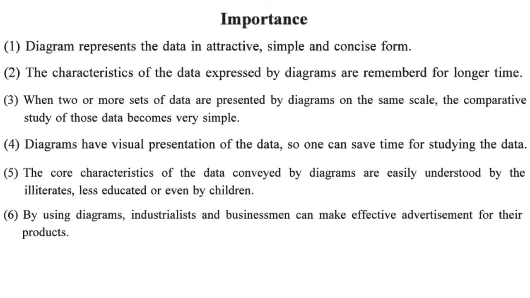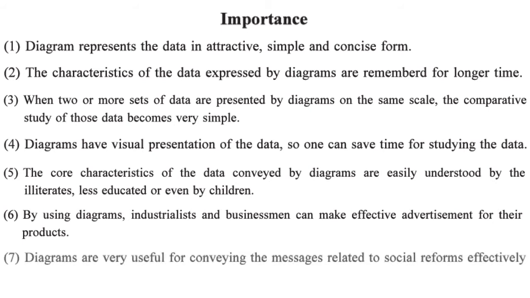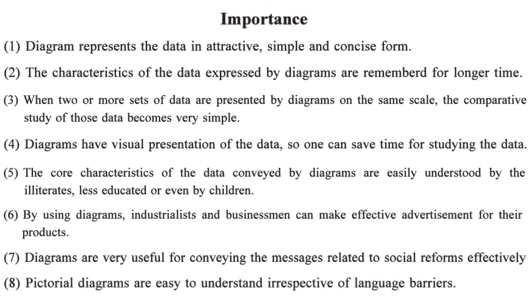For example, a very famous diagram of the stock market going through the roof is conveyed easily. Diagrams are very useful for conveying messages related to social reforms effectively. And last, pictorial diagrams are easy to understand irrespective of the language barriers.